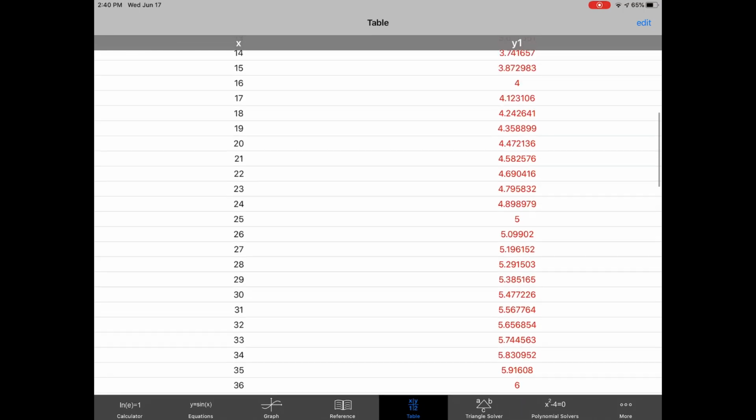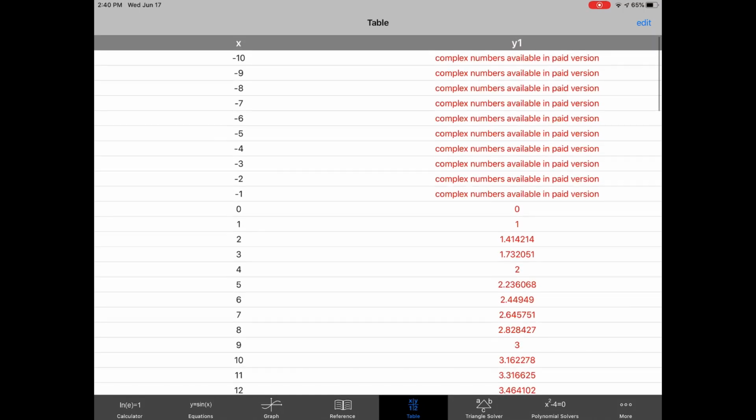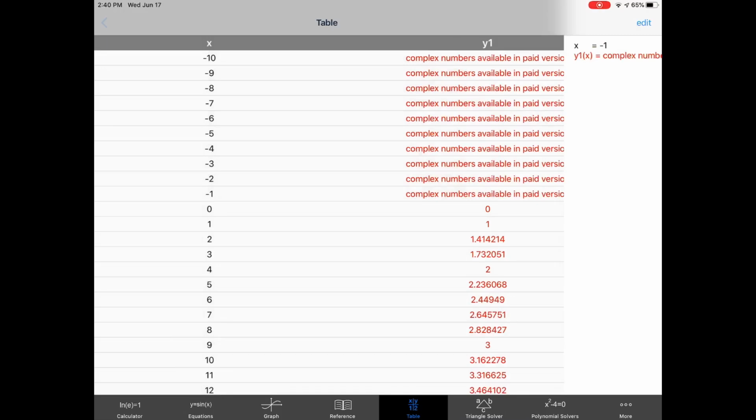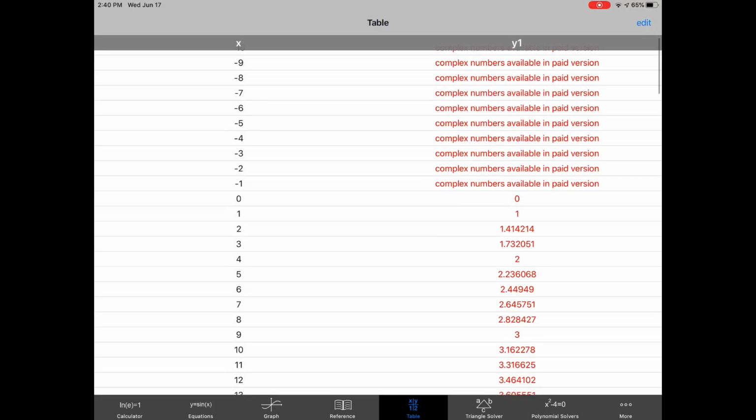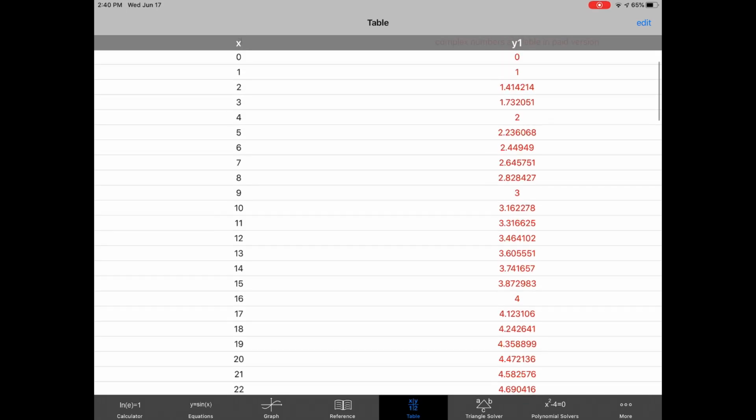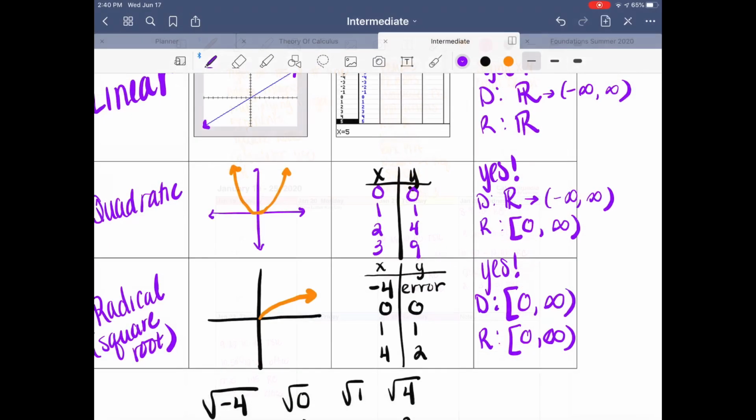It goes on forever. The problem starts coming in when we have negative numbers. So we can't have any x values that are negative or any y values that are negative. It doesn't work. We can only have values for x and y starting at 0 and going up forever. So that's also another way to look at domain and range, is by looking at the table.